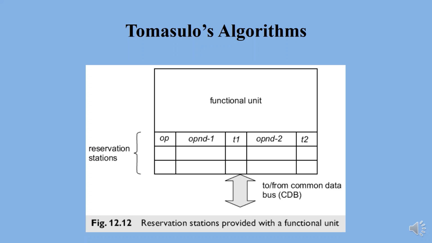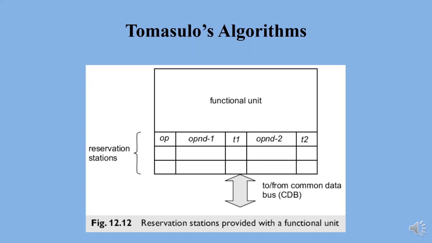The figure shows such a functional unit connected to the common data bus with three reservation stations provided on it. The various fields making up a typical reservation station are shown as follows. OP, the operation to be carried out by the functional unit.